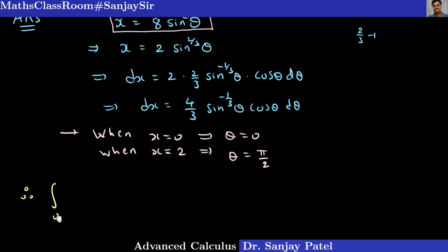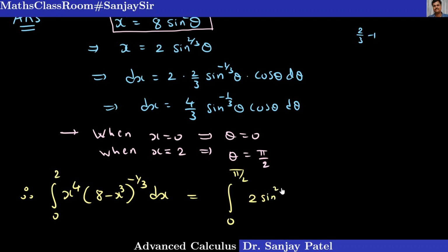Now I can change the integral and write it as integral 0 to 2, that was given to us, x raised to 4 into 8 minus x cube raised to minus 1 by 3 dx. We can write it as integral 0 to pi by 2, x raised to 4. The x is 2 sine raised to 2 by 3 theta.